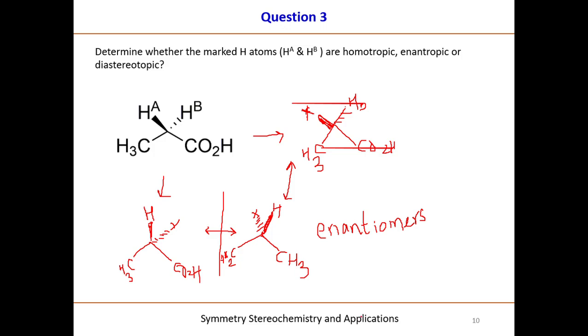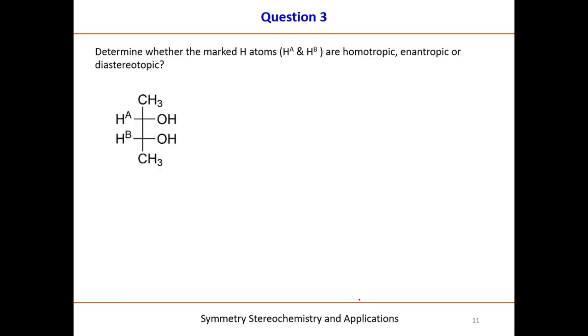Now let's see the other example. Next one. Here you can see we have a CH3 and CH3 group and an OH group. If we pass the plane of symmetry here, we will observe that both halves of the molecule are the same.